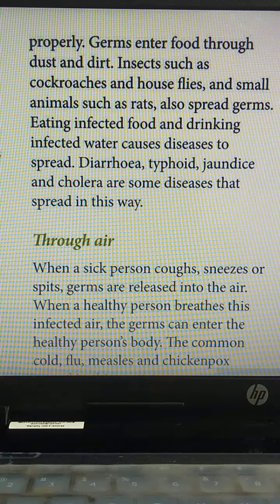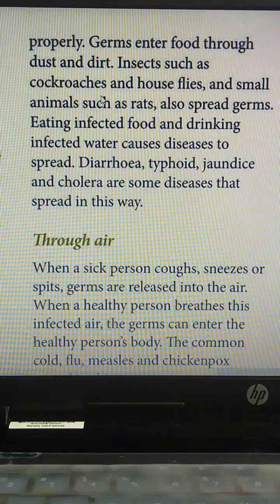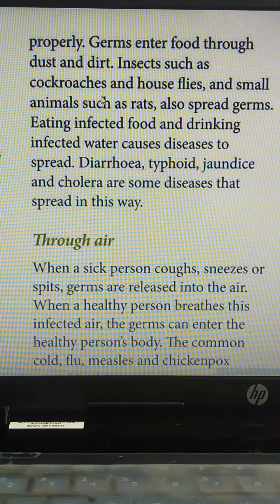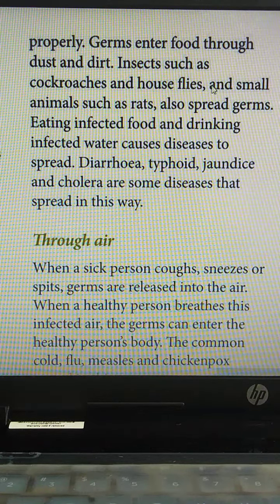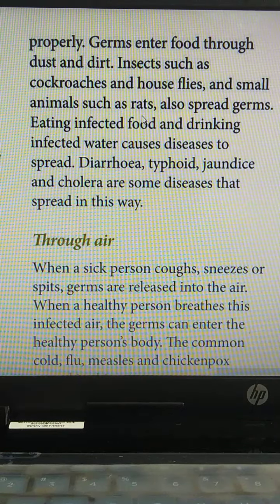Germs enter food through dust and dirt. So germs enter the food through dust and dirt, if you do not store your food properly. Then insects such as cockroaches and house flies and small animals such as rats also spread germs.